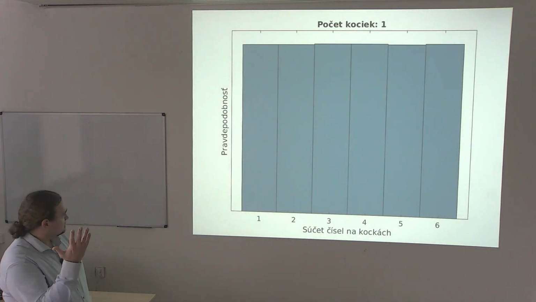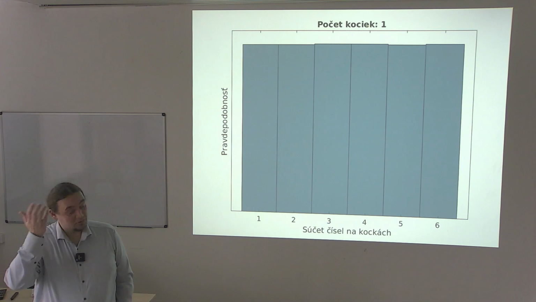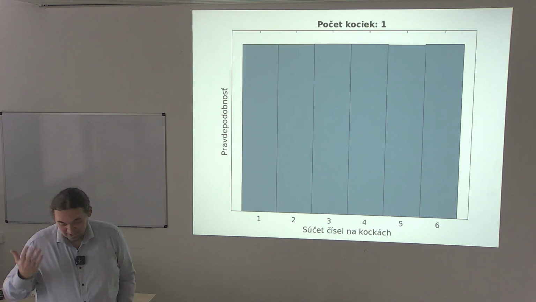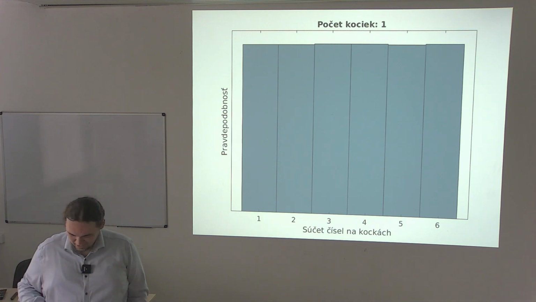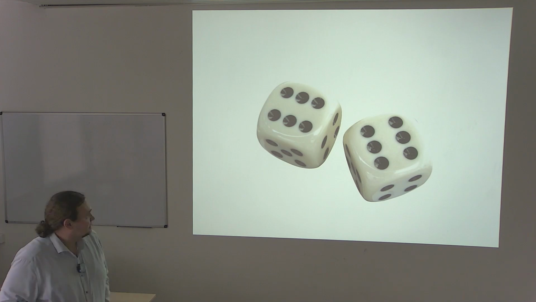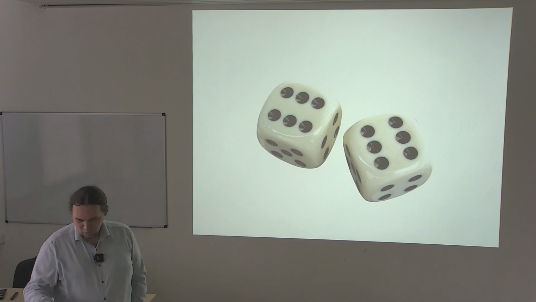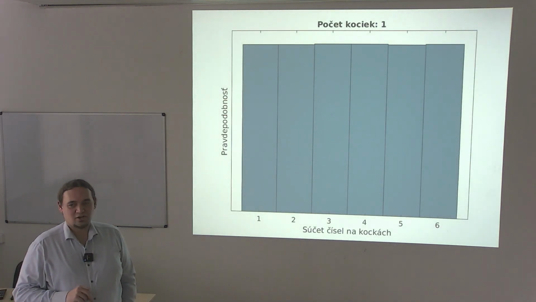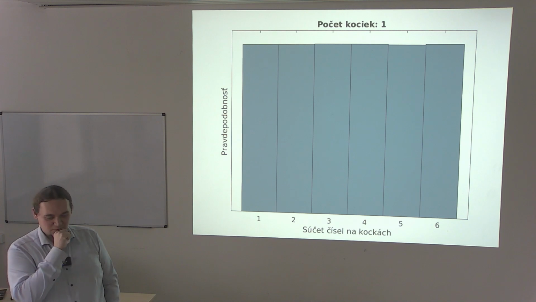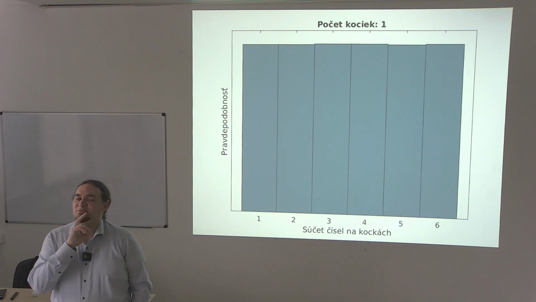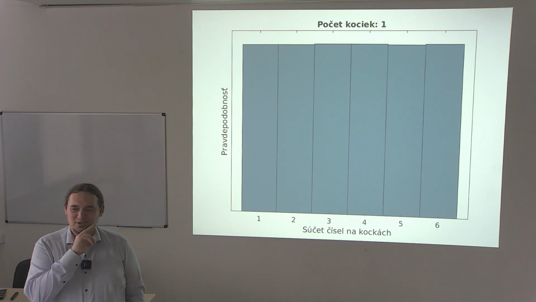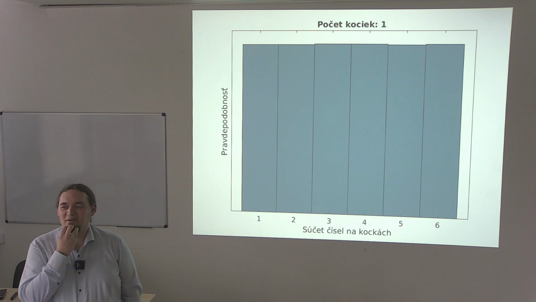If we have just 1 dice, we would see basically this outcome, because we will be just summing this one. So what would change? What would we expect? How will it look? Maybe somebody who saw this example before.